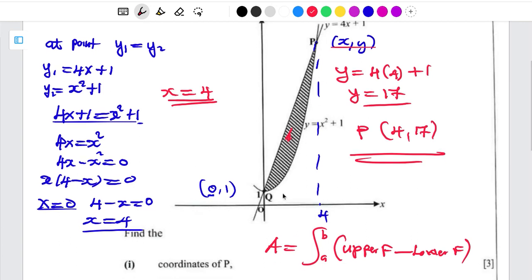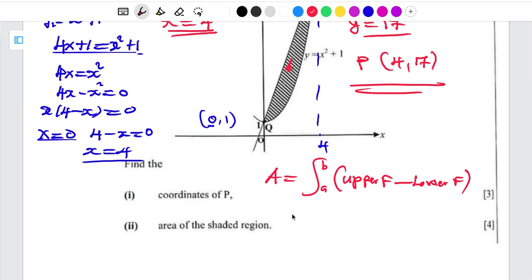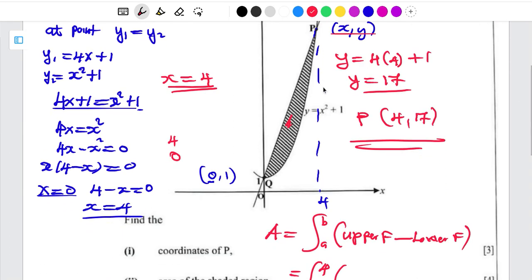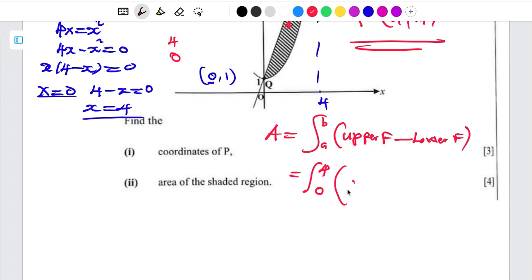So the line which is on top there, we can say it is having what? But before I go there, what are the limits? The limits we have 4 and 0. So we have to start with a bigger number on top, where you say 4, then 0. So for the upper function, what do we have? For the upper function, the equation is this one, which is 4x plus 1.